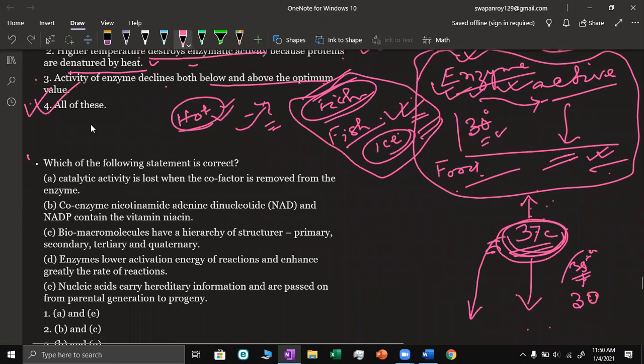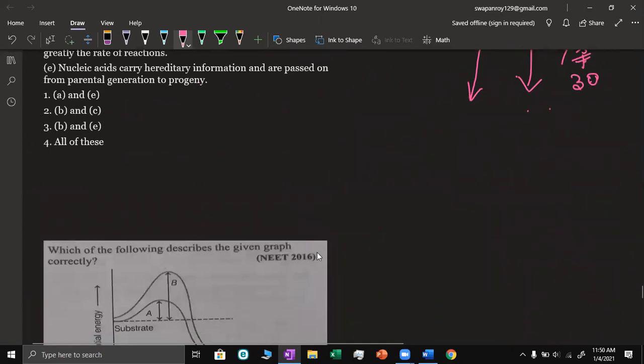Here is another one. Which of the following statements is correct? Catalytic activity is lost when the cofactor is removed from the enzyme. Let us come to another portion of the enzyme.